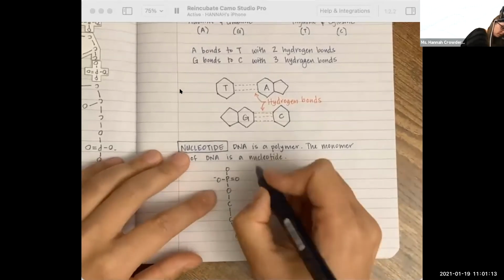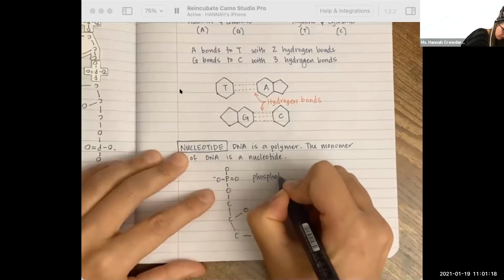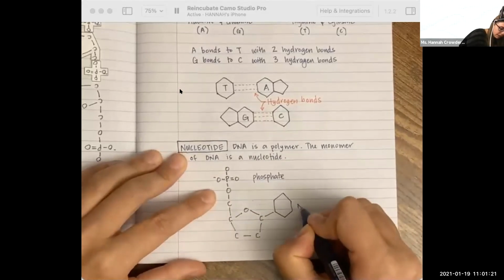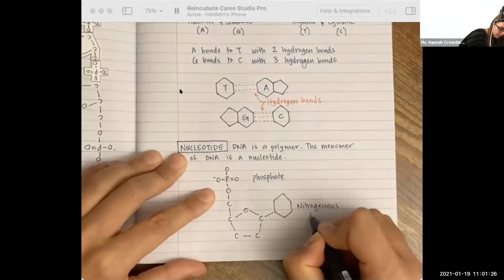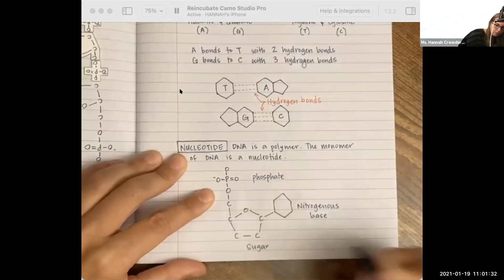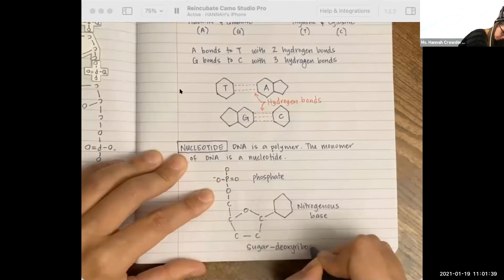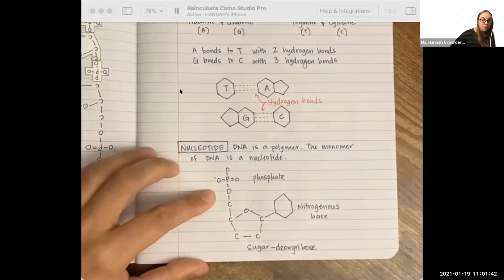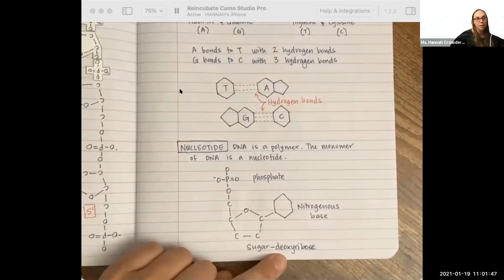So this is called a phosphate. This thing over here is my nitrogenous base. And this is my sugar, which is also known as deoxyribose. And DNA is a nucleic acid. It's called DNA because it's deoxyribonucleic acid.